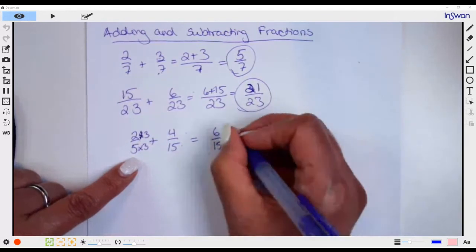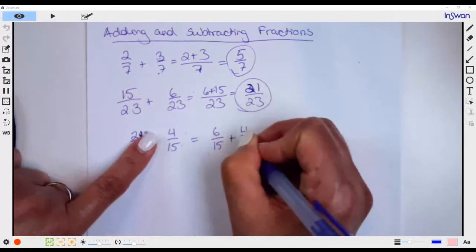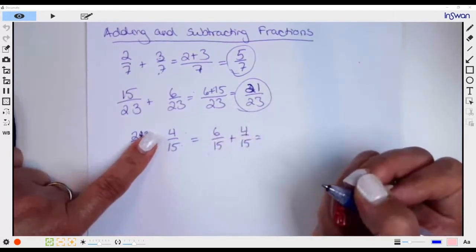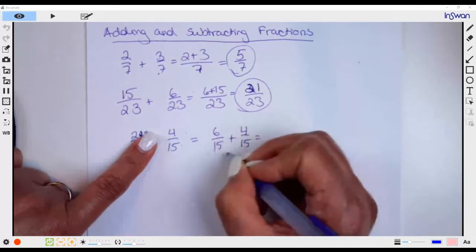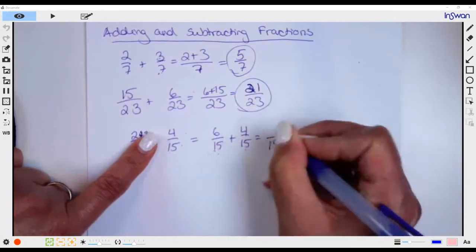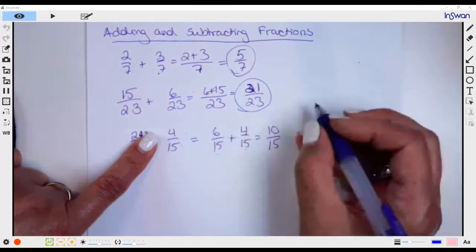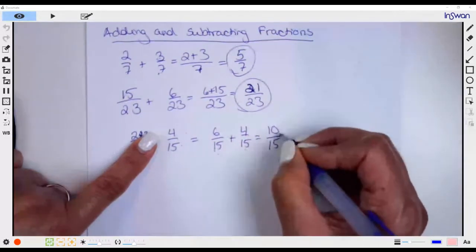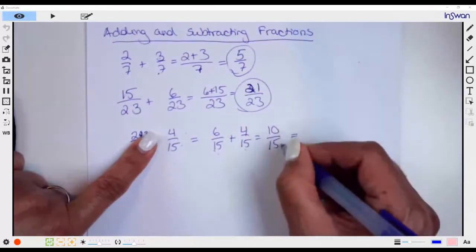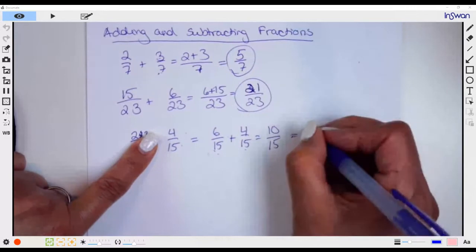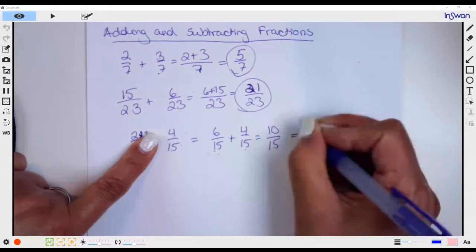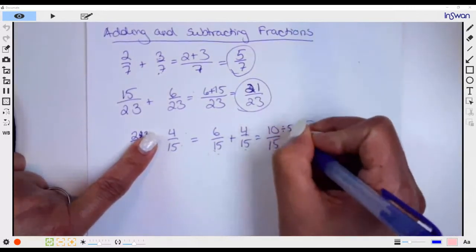So here's our 15. And then we have 4/15. So now we have common denominators, so we can add: 6 plus 4 is 10. Well, we can actually simplify this because they are both divisible by 5, and we get 2/3. So we divided both of these by 5.